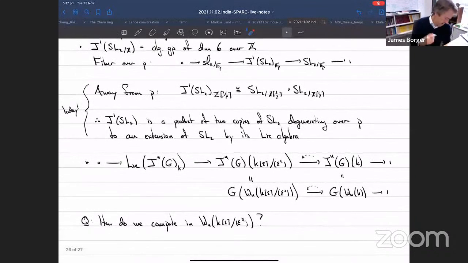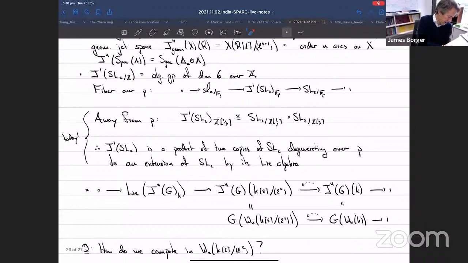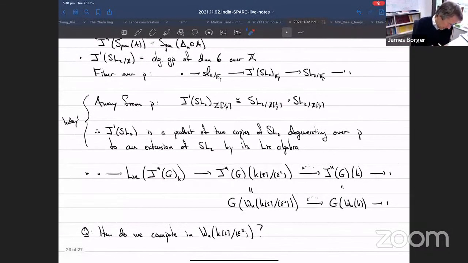Okay, so what I want to go towards today is how to compute the Lie algebra of this thing, or say Jn of SL2. How might you do that? In the theory of group schemes, the Lie algebra is defined to be the kernel of the following.